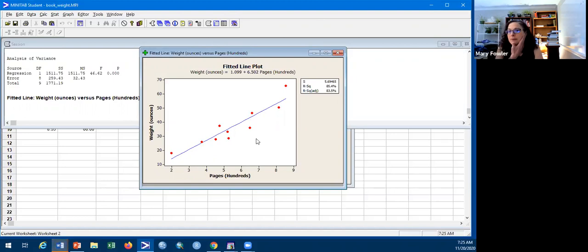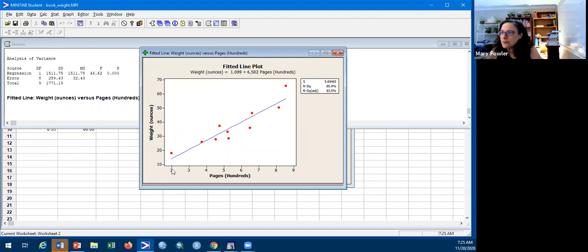So I just want to begin to understand and talk about what this value is, how we relate these points to this line. We already know that this point here is at 18 because the book, which is 1.98 hundreds of pages, weighs 18 ounces.